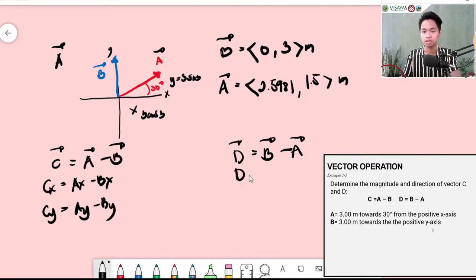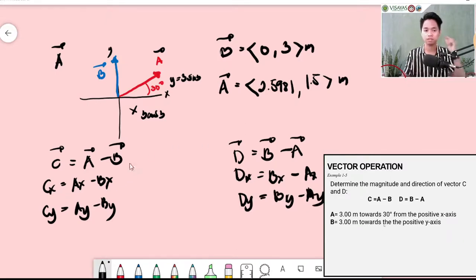For DX, that would be BX minus AX. Tapos, DY is equal to BY minus AY. Okay, so let's just substitute. AX minus BX, that would be 2.598 minus 0, so that would be 2.5981 meters.